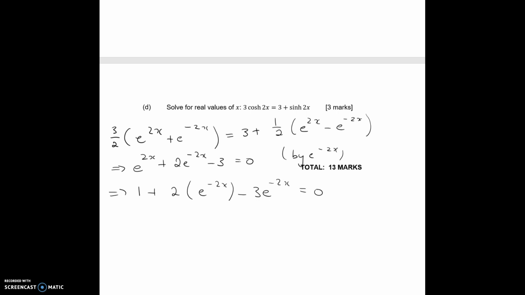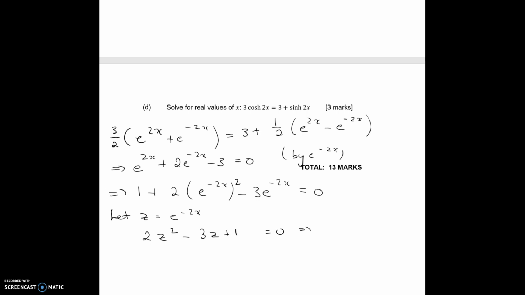If we make a replacement now and we say let z equal e to the negative 2x, then we've got, oops, I've left out this one. That should have a squared in it there. Then we've got 2z squared minus 3z plus 1 equals 0.